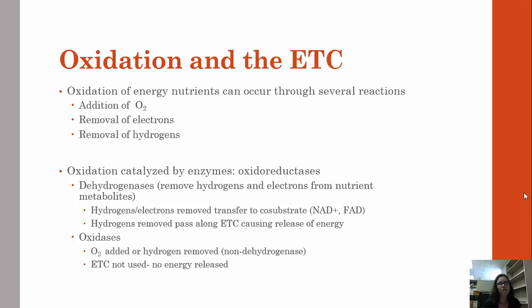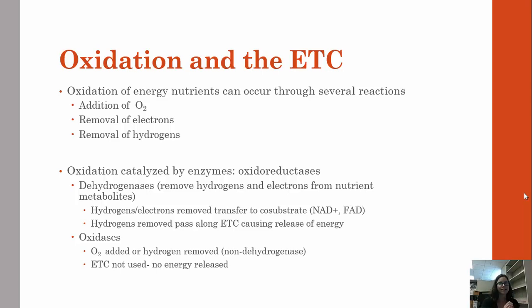Oxidation of energy nutrients can occur through several reactions. We think of when something is oxidized, of course, oxygen is added. But similarly, we can remove electrons or remove hydrogens to oxidize something. Now, oxidation is catalyzed by enzymes termed oxidoreductases. For our conversation, the most important are the dehydrogenases, which remove hydrogens and electrons from the nutrient metabolites.